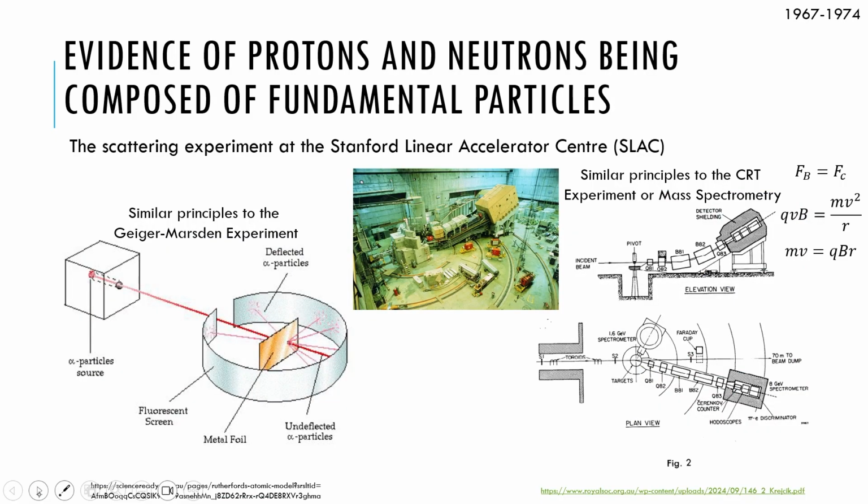The experiment that we're worried about at SLAC was a scattering experiment, and it worked really similarly to the Geiger-Marsden experiment. In this experiment, which was at a significantly larger scale, alpha particles were being fired into a gold metal foil.